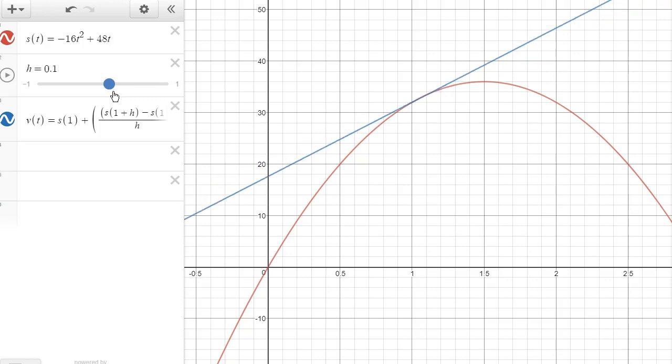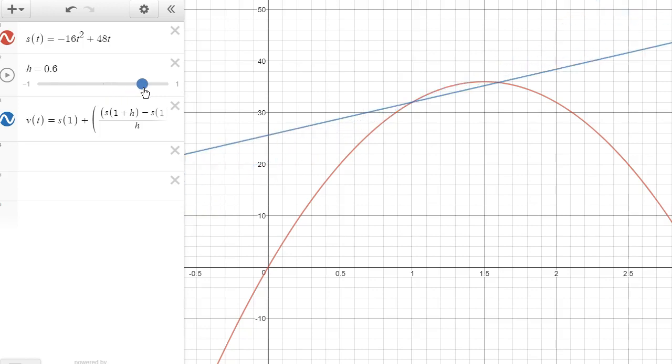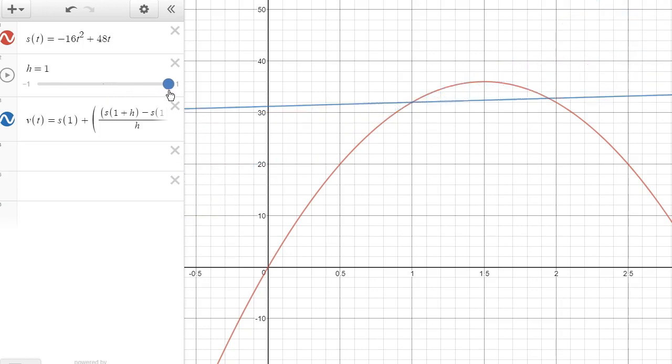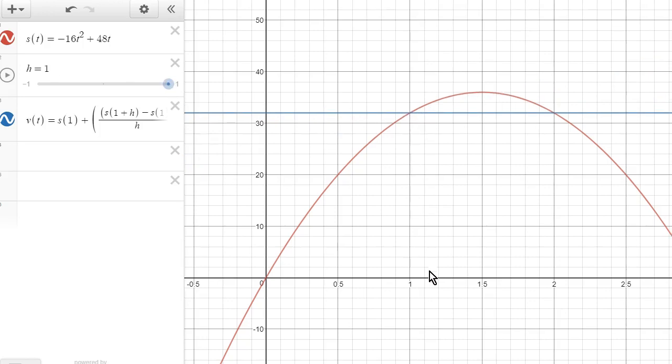So what this line represents is what we call the secant line. If I set h equal to 1 here, h represents the distance from this point right here, from t equals 1 to the next point on the line over here, which is at t equals 2.